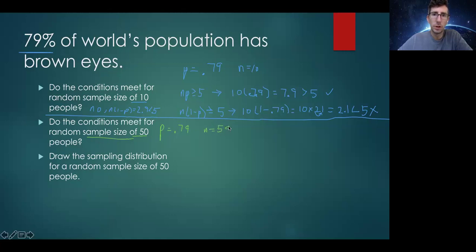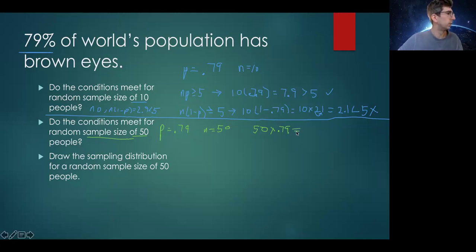So let's check this first condition, n times p. 50 times 0.79.